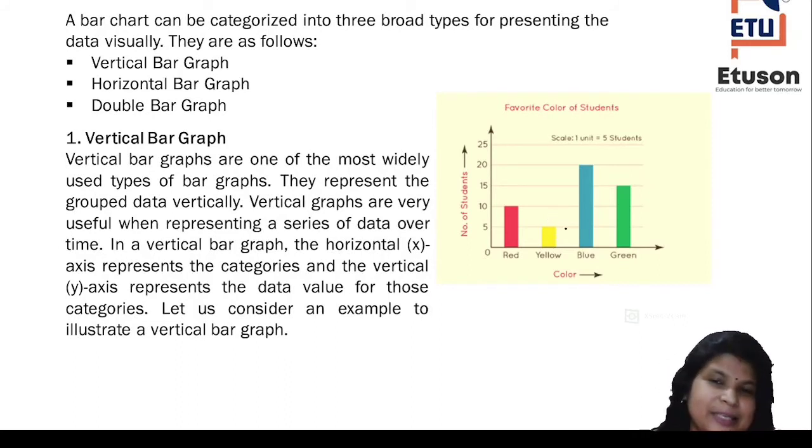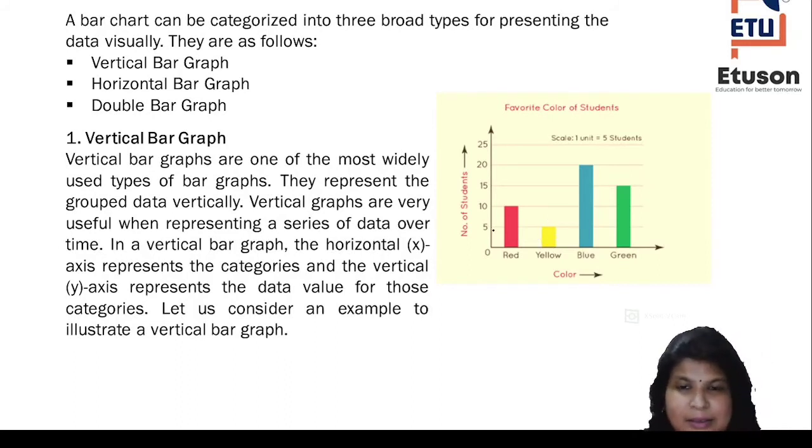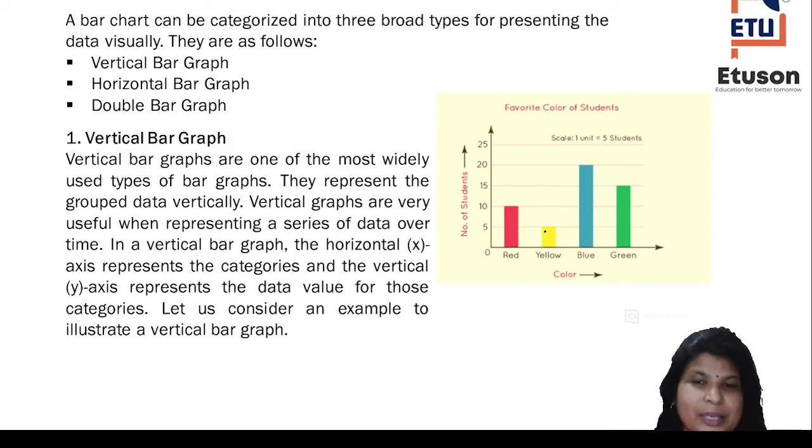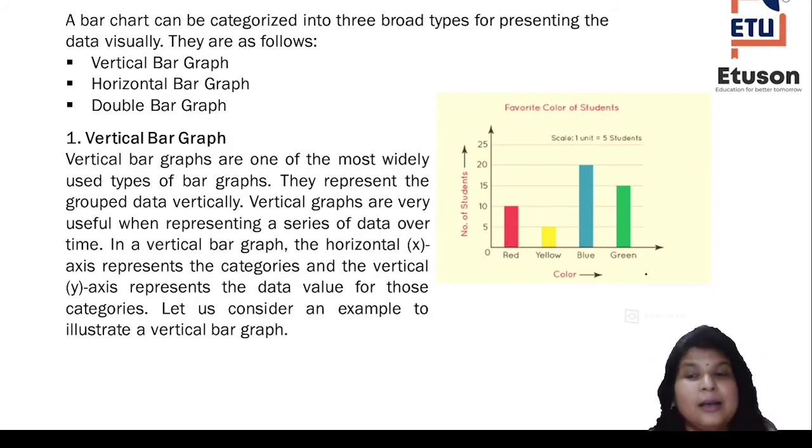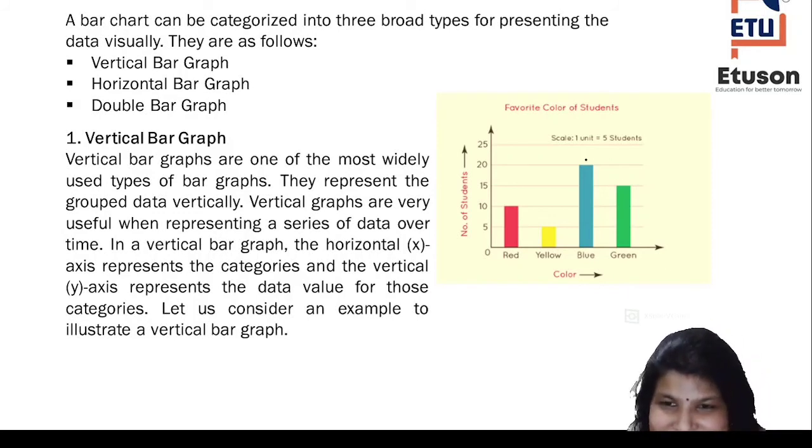Suppose I take yellow. Here it is 5, and 1 unit is 5 students, so 5 into 5, that is 25 students. Now from this graph, if someone asks which is the color most liked by all the students? That is blue, correct or not?